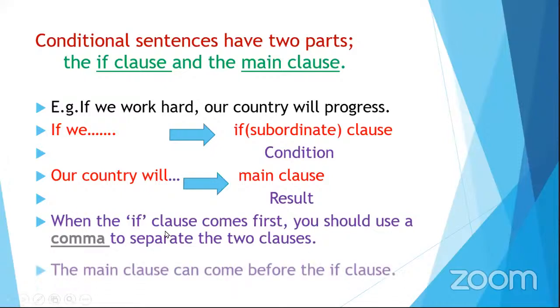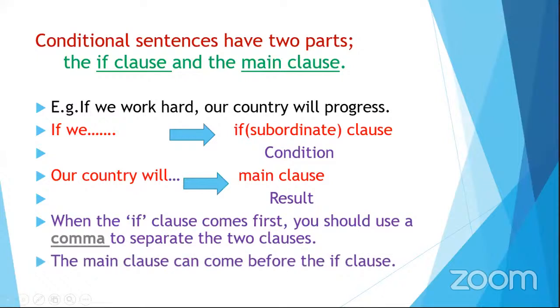Then let's look at the next point. The main clause can come before the if clause. So if you have the main clause, it can come before the if clause. Well, with this basic knowledge, we are going to learn further about conditional clauses.